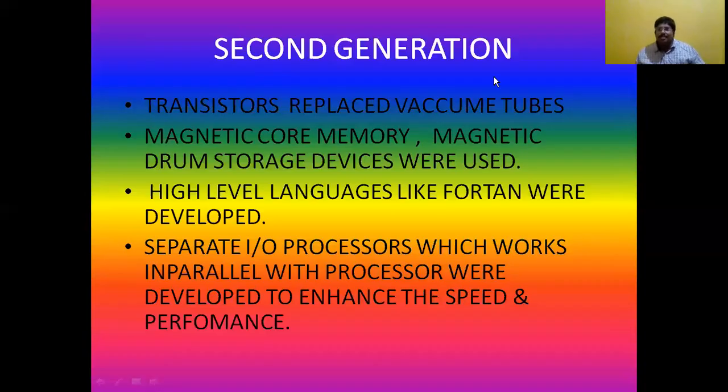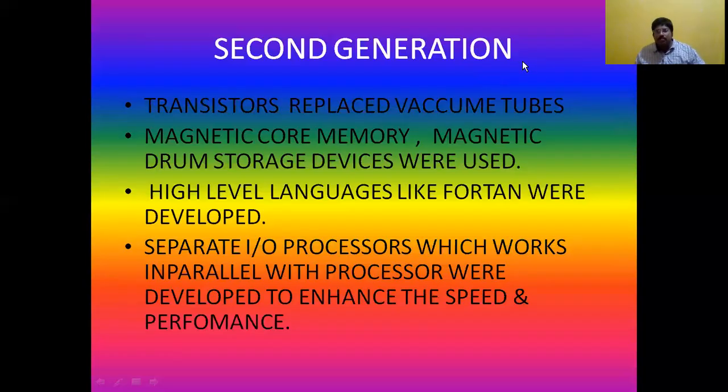What is meant by transistor? Transistor, transfer of resistance, trans plus resistance is a combination of two terms. It is a three-terminal device. There are different types of transistors like BJT, bipolar junction transistor, whatever it may be.